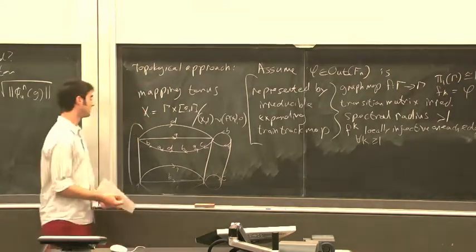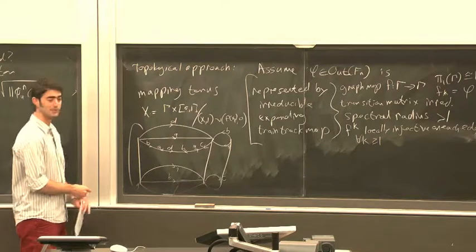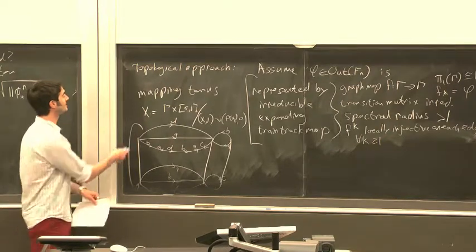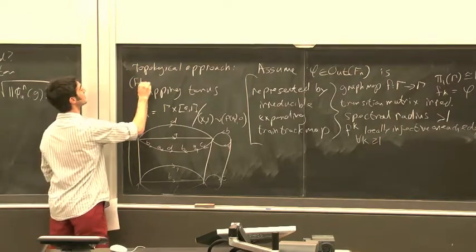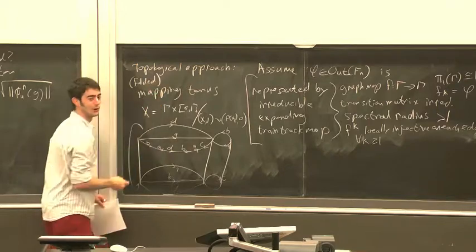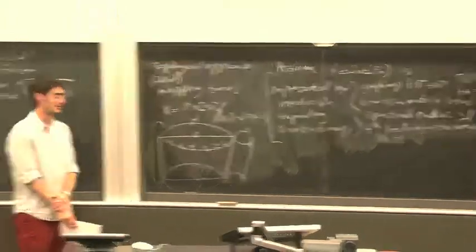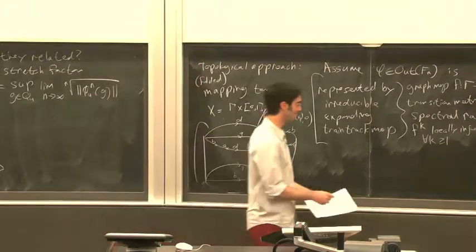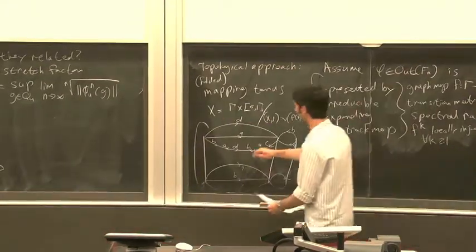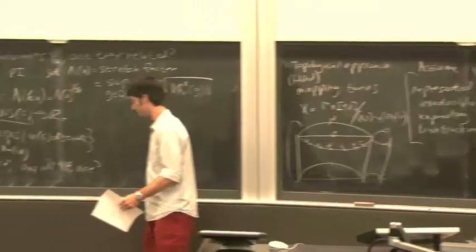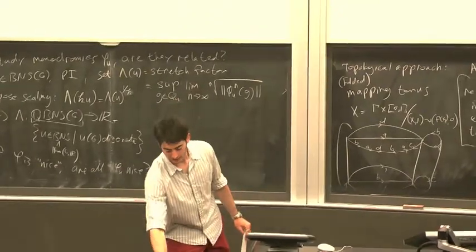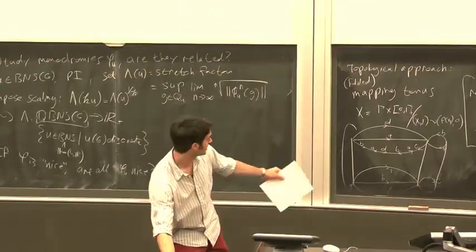This is not really the object we think about in the paper. We actually deal with this other thing called the folded mapping torus, which I don't want to describe, but let's just think about this for the purposes of the talk. Things still kind of work in this situation. Okay, so that's a nice thing.